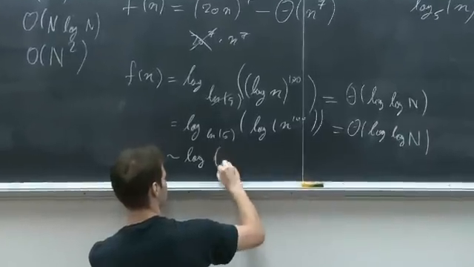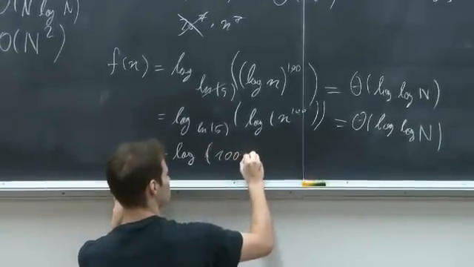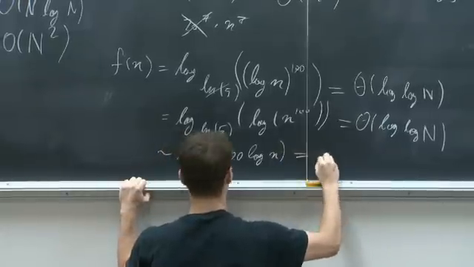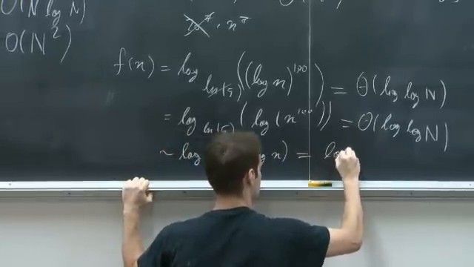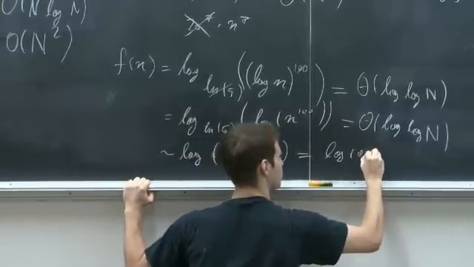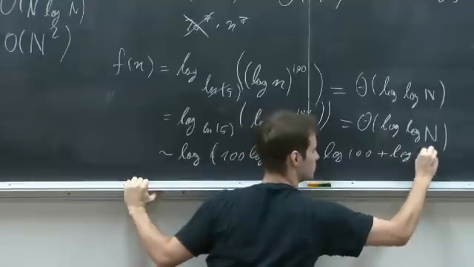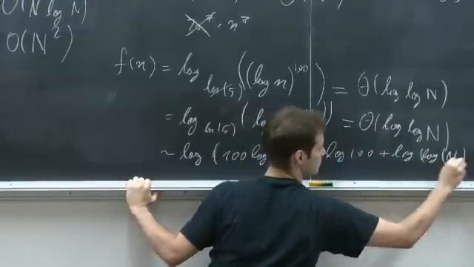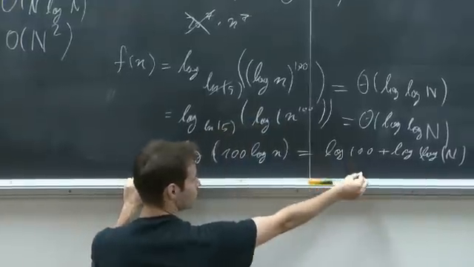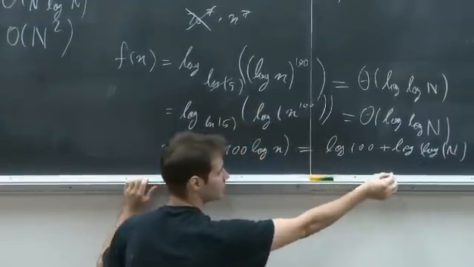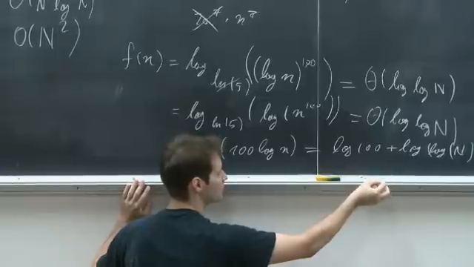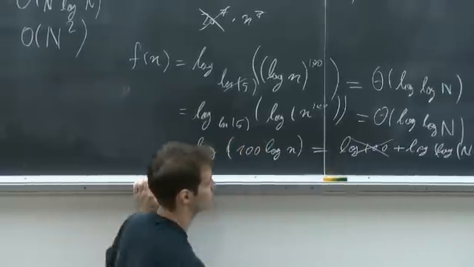So it's like 100 times log n, which is log 100 plus log n. And this is a constant factor. This grows as n grows. So this is going to become incredibly small as n becomes larger and larger, so I can get rid of it.